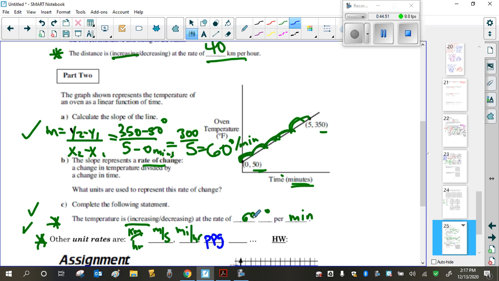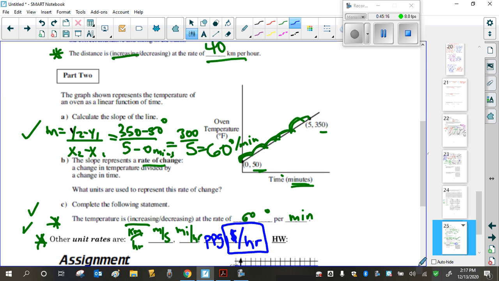Assists per game, lots of blocks per game, lots of sporting stats are unit rates. And what are you the most interested in when you get a job? Dollars per hour is probably the second most popular unit rate.